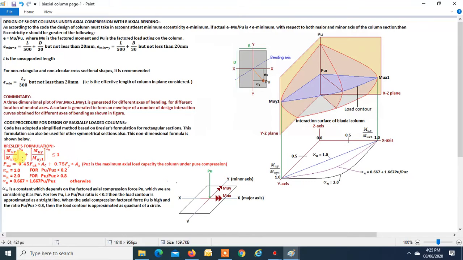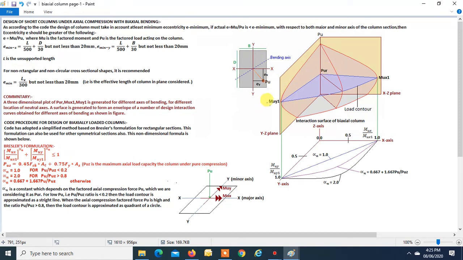Mux1 is the ultimate uniaxial moment carrying capacity for the interaction curve about the major axis. Muy1 is the ultimate moment carrying capacity of the section about the minor axis for the corresponding Pur.